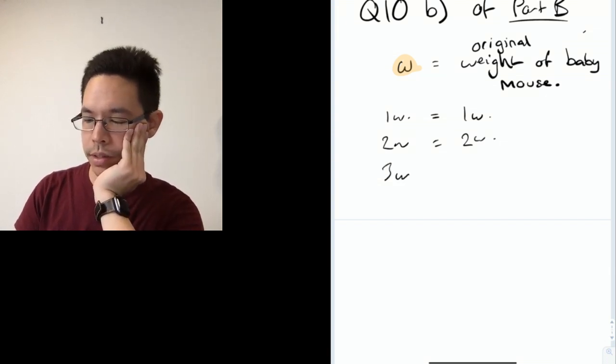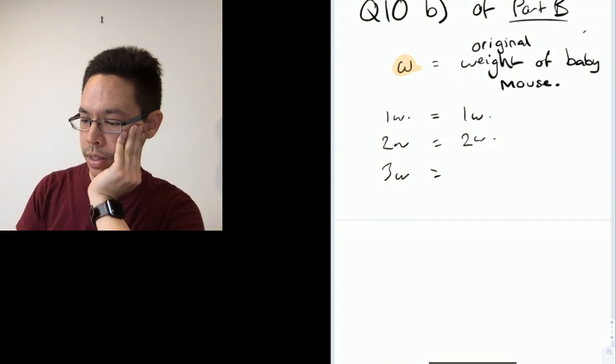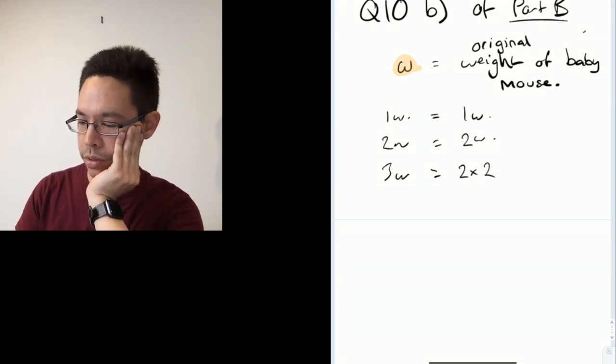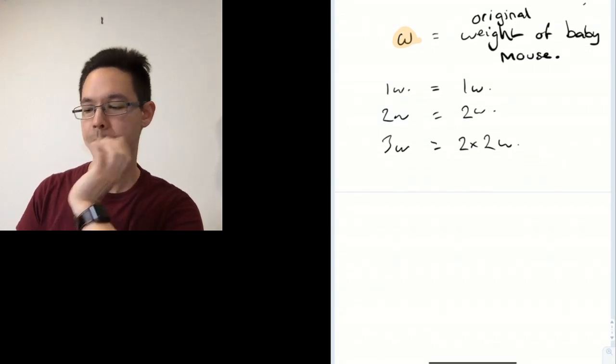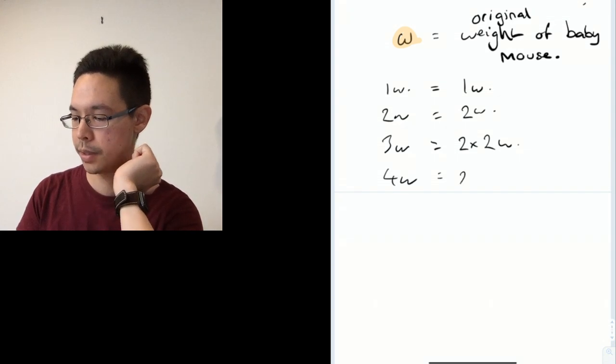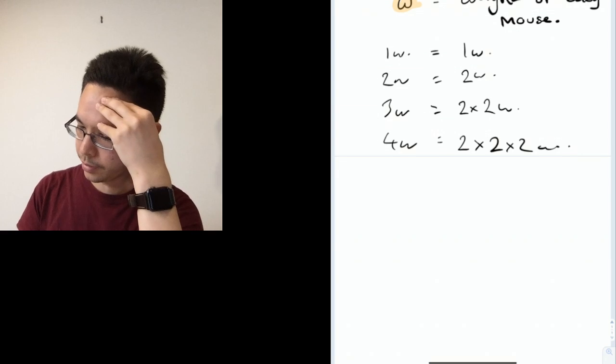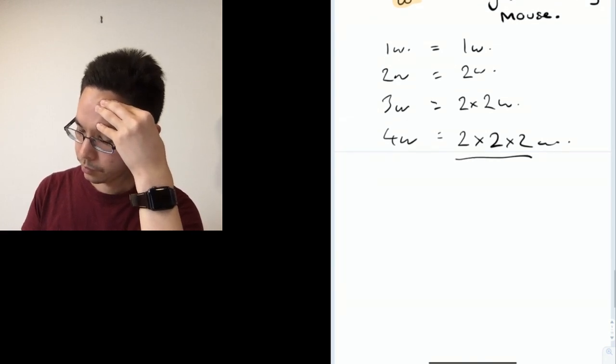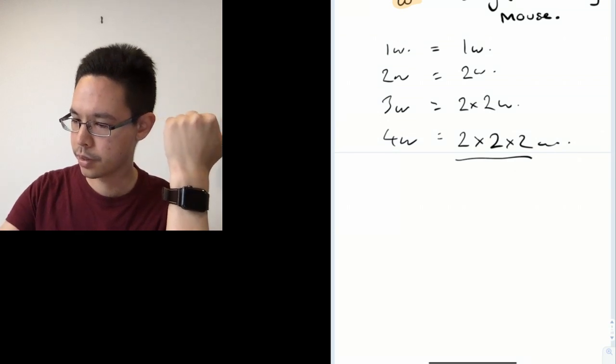After 3 weeks, it's going to be double again, so 2 times the previous, so 2 times W. Okay, 4 weeks is going to be double that again. So it looks like, looking at the pattern here, let me just highlight these for you.